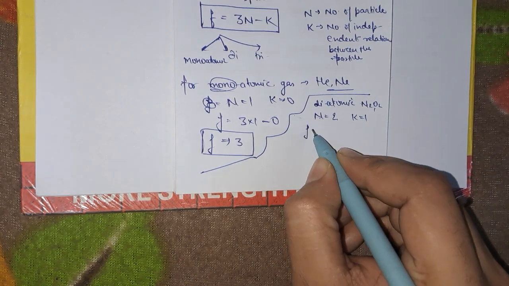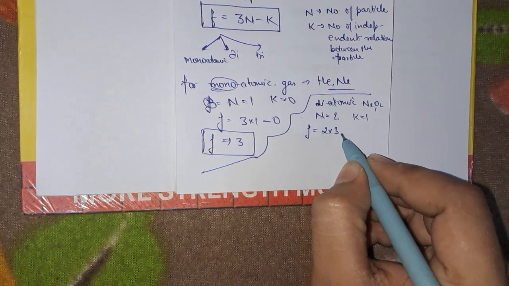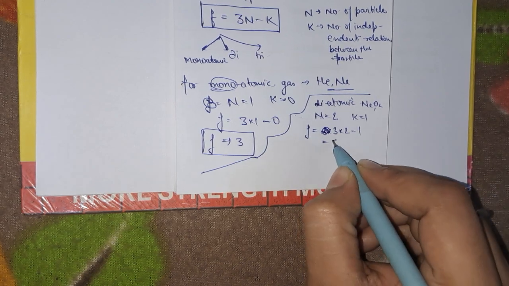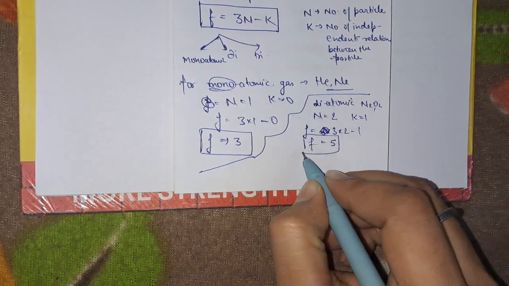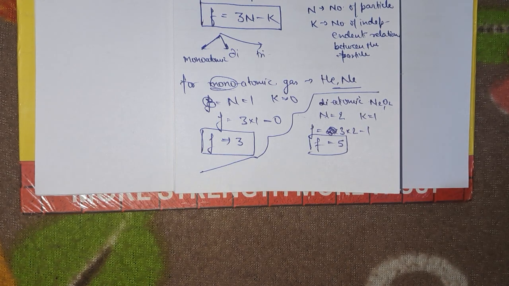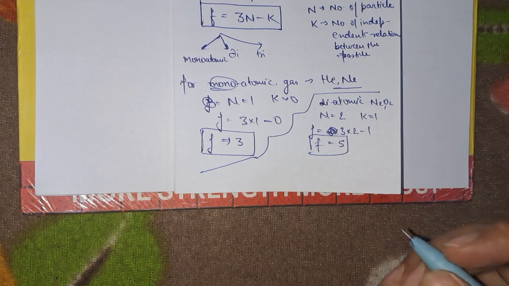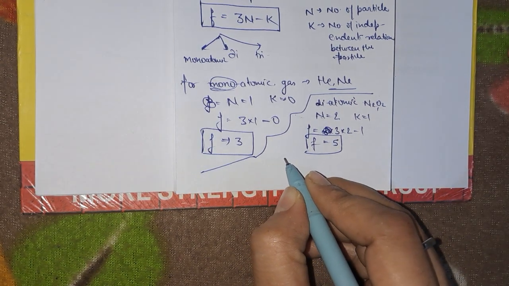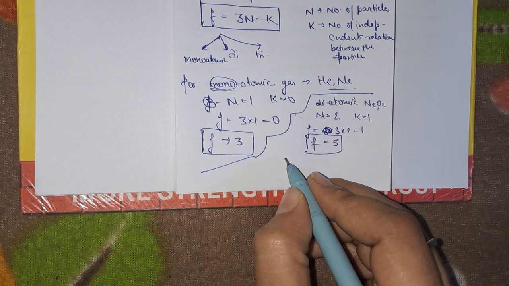So 3 into 2 minus 1, that is 5. So the degree of freedom for this would be 5.